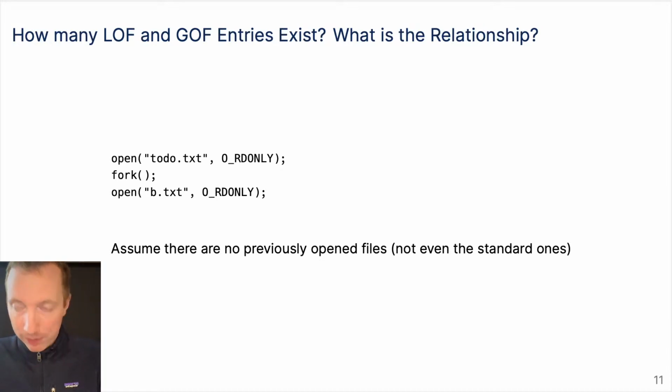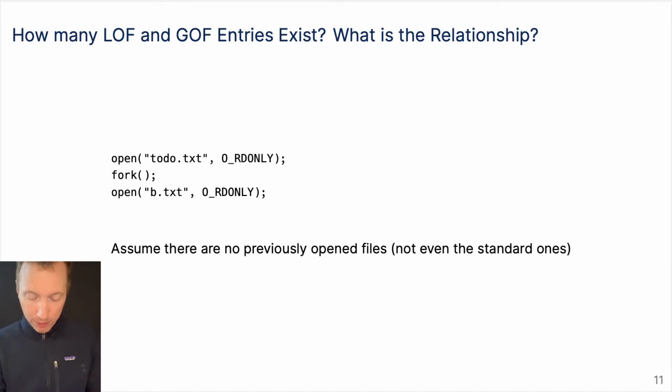So say we have something like this, where we have a parent process that goes through, it does open todo.txt, opens as read-only, and then there's a fork, and then after the fork, there's now two processes. So this is kind of review for processes, and then both of them open b.txt.